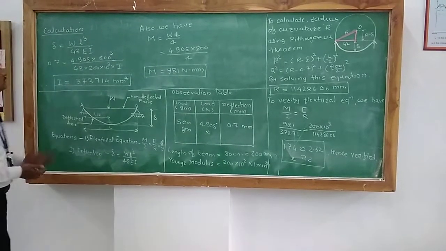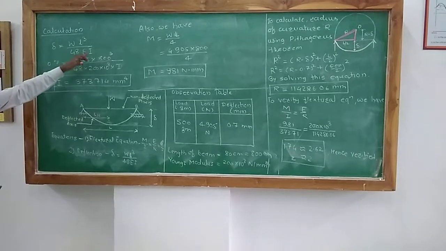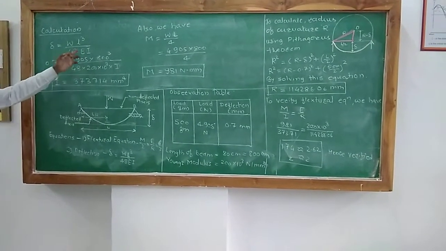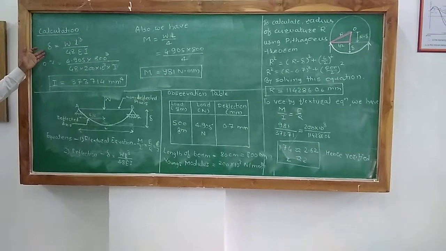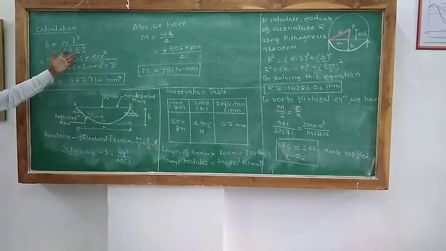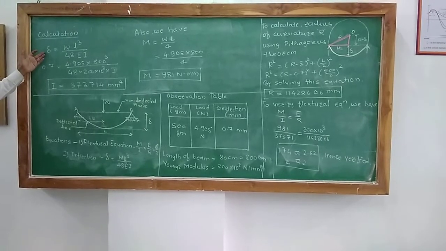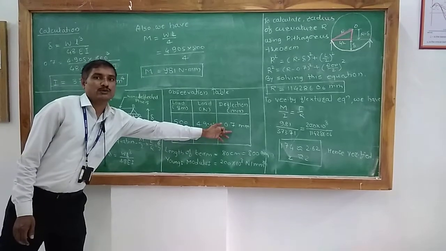Now in the calculation part we will first define the moment of inertia for the given cross section of the beam. So to calculate the moment of inertia, we will take the equation delta, that is deflection, is equal to WL cubed divided by 48 EI. Here the value of delta, that is nothing but the deflection we have taken from the observations, is 0.7 millimeter.